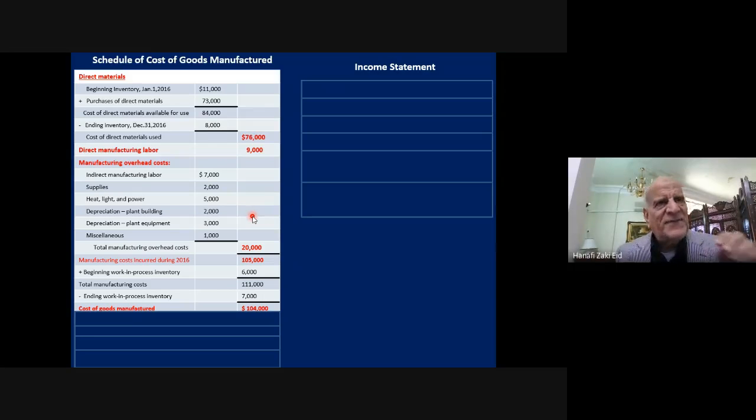Cost of goods manufactured, cost of goods completed. As these goods are completed, we will send them to outlets to be sold. When we sent them to the outlets, outlets were having beginning inventory of finished goods from the last period, which were not sold in the last period.